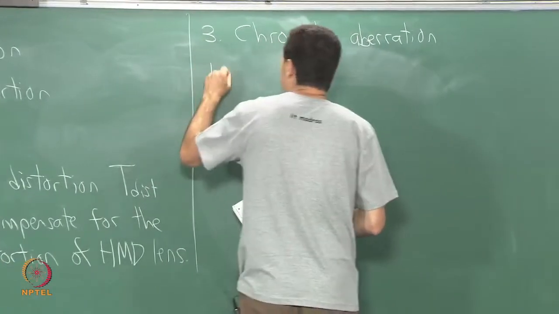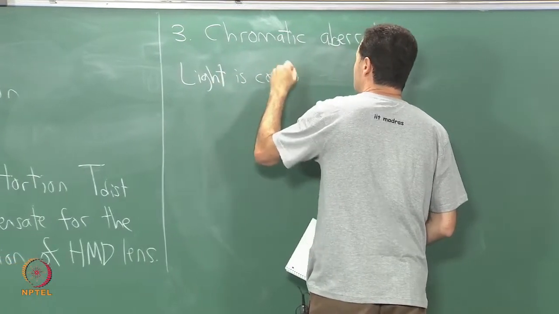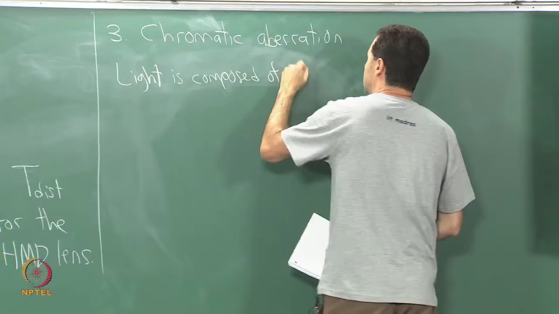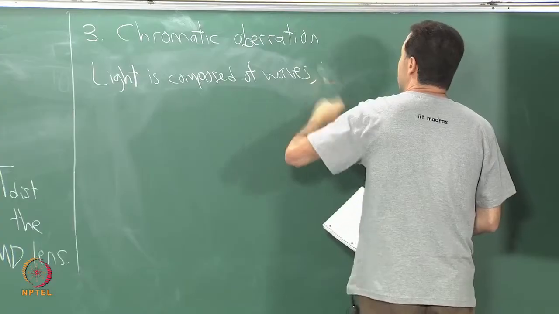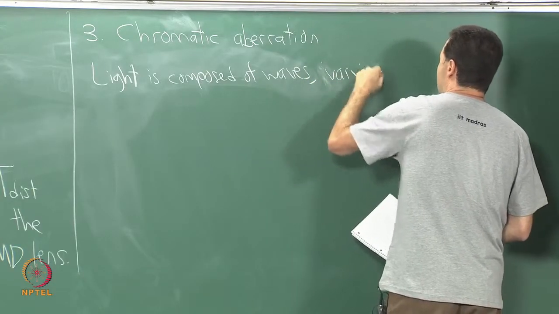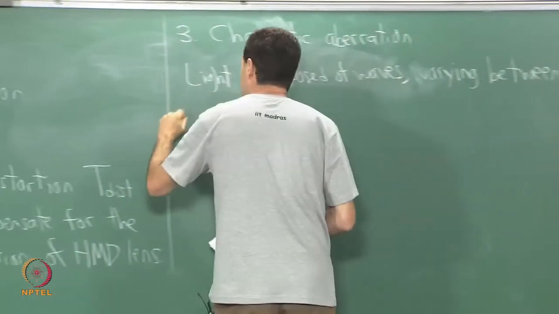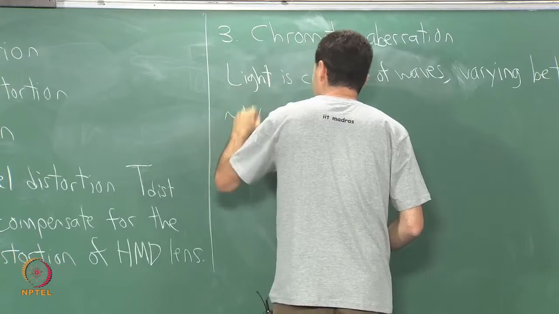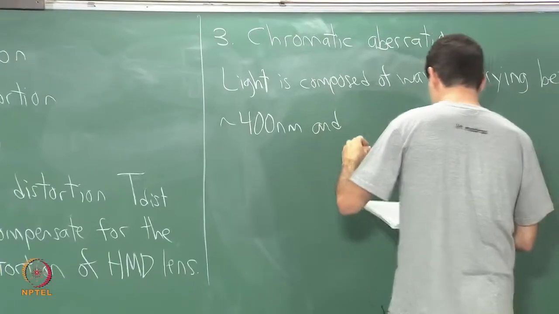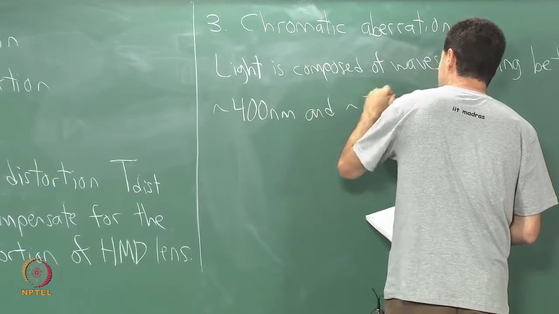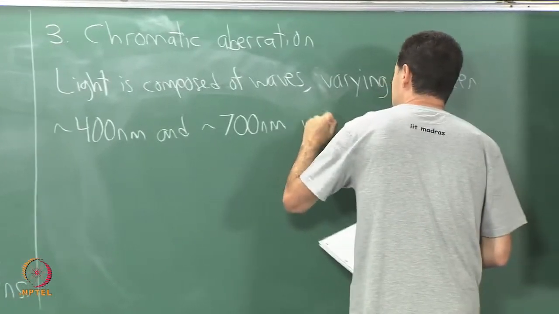So remember that light, one way to look at it, is composed of waves varying between about 400 nanometers and about 700 nanometers in wavelength.